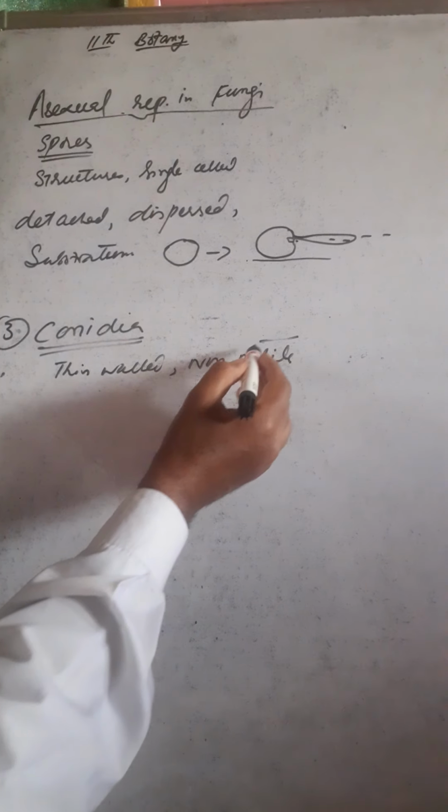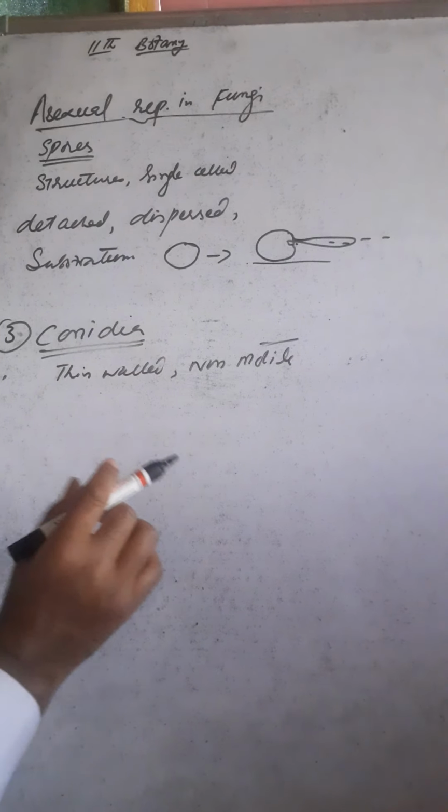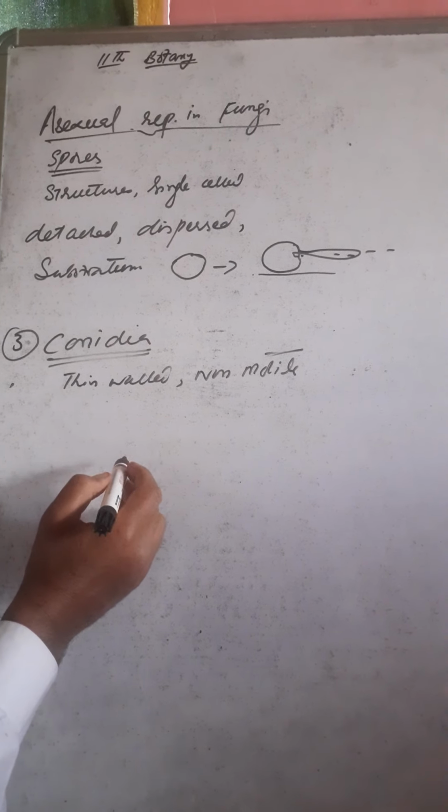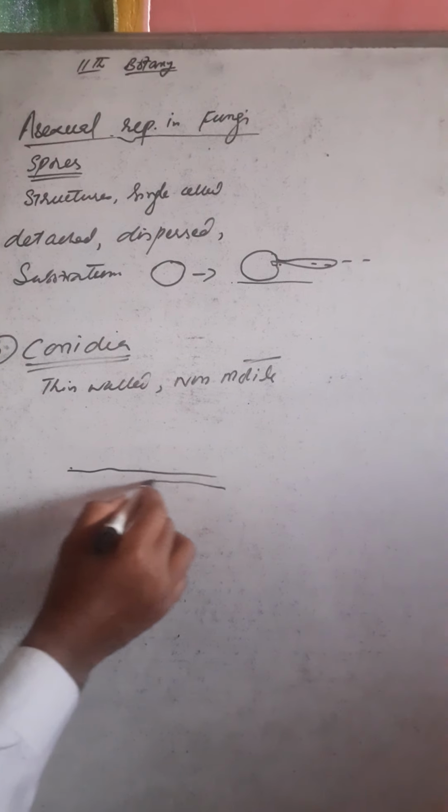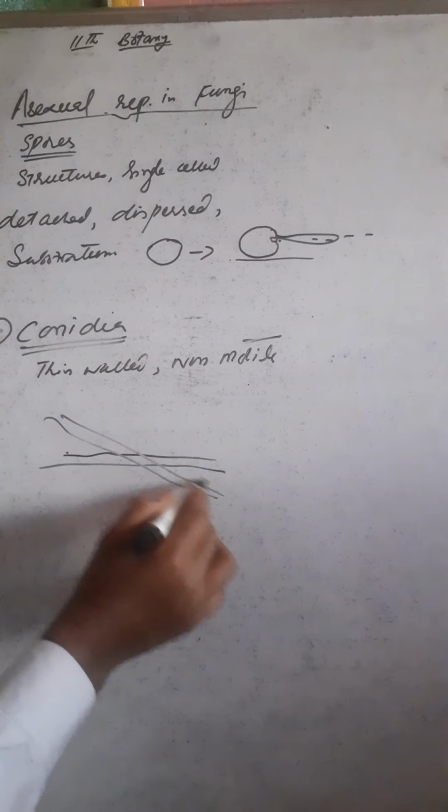They are produced on special branches of the hyphae. For example, these are the hyphae.